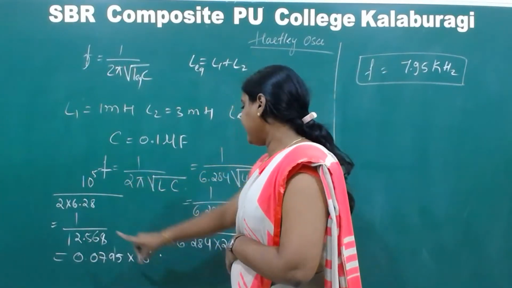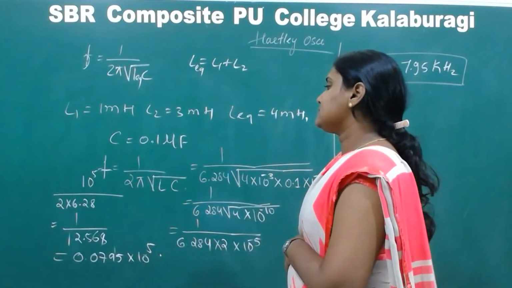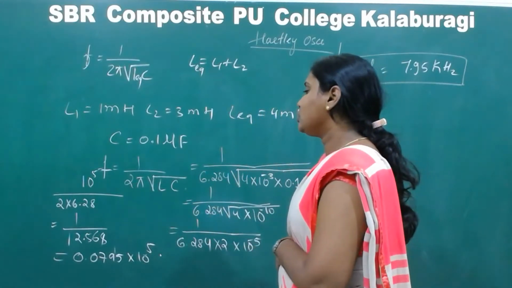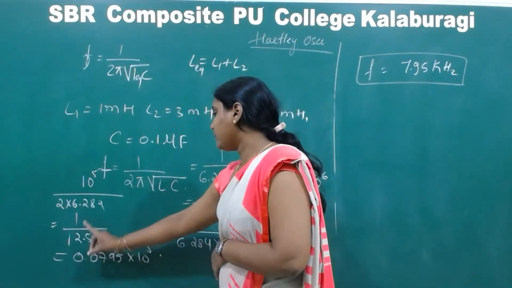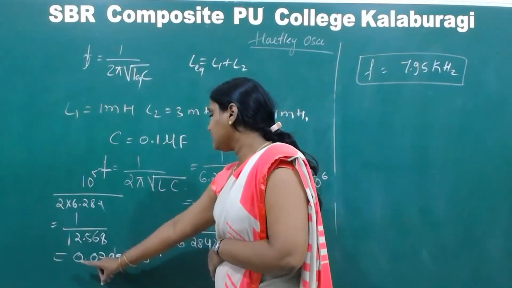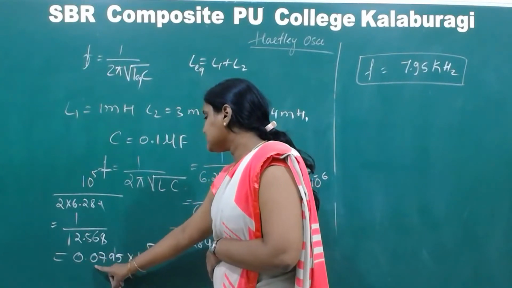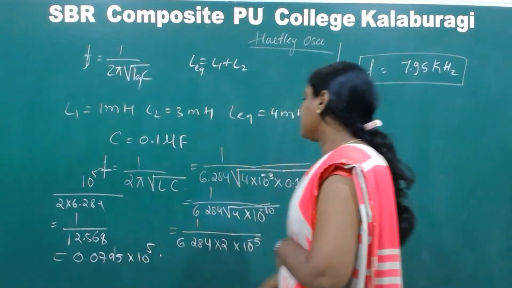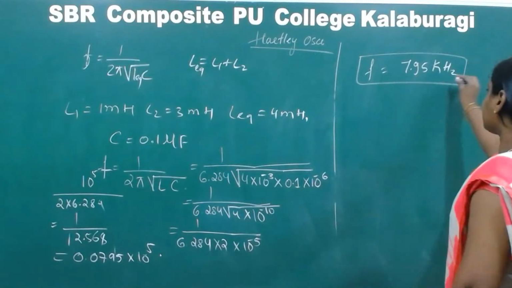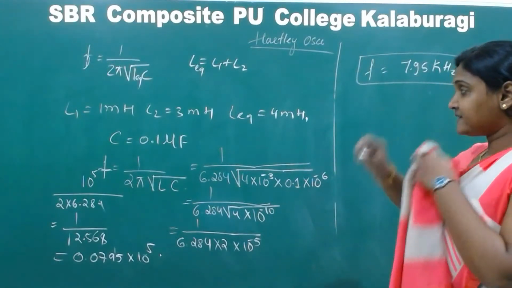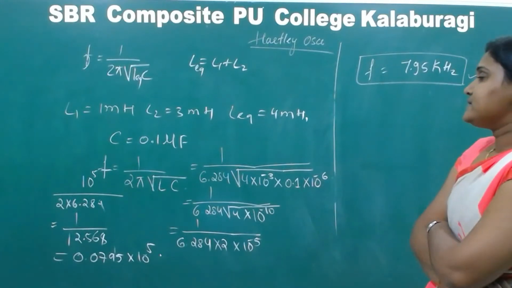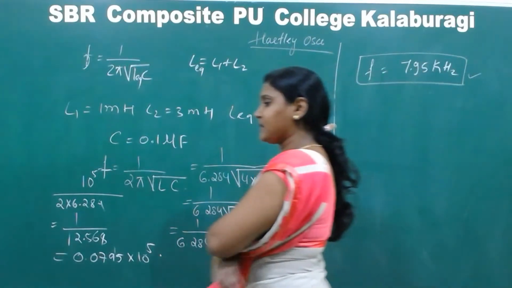Divided by 2 into 6.284, the value is going to be 1 divided by 12.5, 0.0795 into 10 to the power of 5 is the answer, whereby shifting the decimal points we have arrived at the value of frequency, expressed in kilohertz.